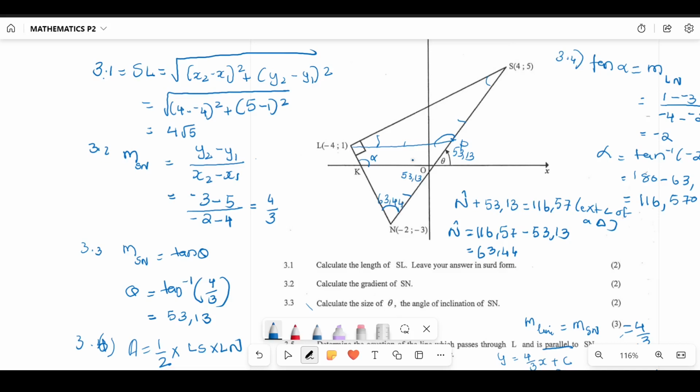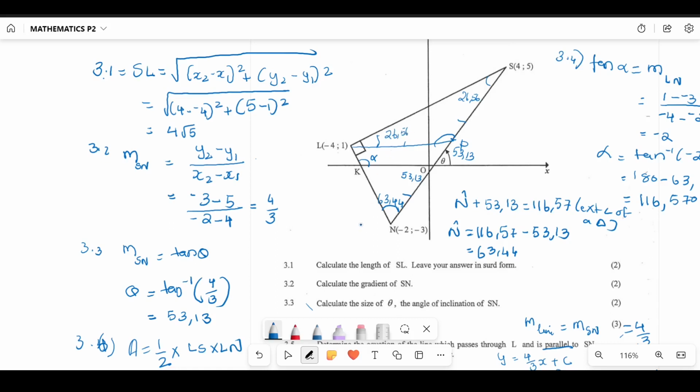In this triangle you can find this angle: it's 90 minus 63,44, which is 26,56. Because these two are radii, this angle will also be 26,56.